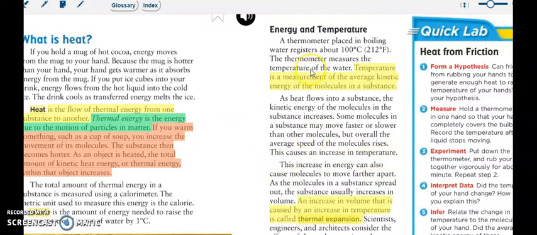This increase in energy also causes molecules to move farther apart. As the molecules in a substance spread out, the substance usually increases in volume. An increase in volume caused by an increase in temperature is called thermal expansion.